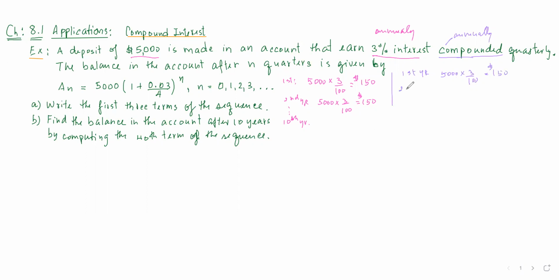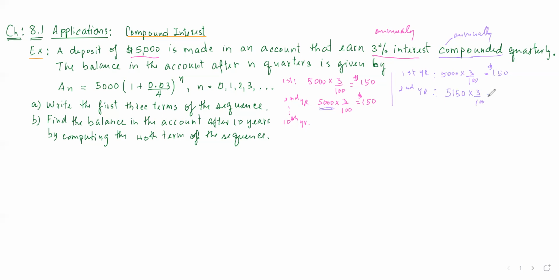But it's different when it comes to the second year. In the second year, instead of taking the 5,000, the principal, to count how much interest you got, the banker will take your original capital, the principal 5,000, plus the interest. So it becomes 5,150 times 3%.